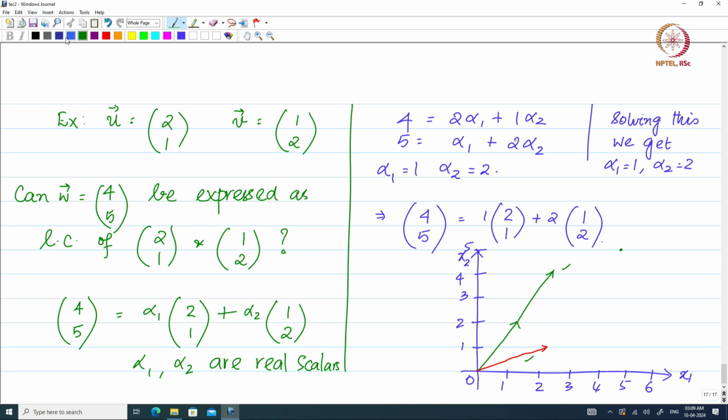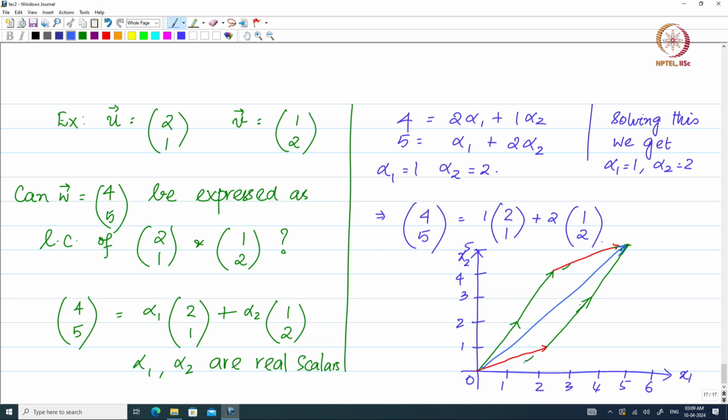So, let us see how that happens. I am going to draw this vector (1, 2) parallel here, and you could see that (2, 1) I have drawn parallel, then again I go here, and that is exactly where they meet, and this is the resultant vector that we have.